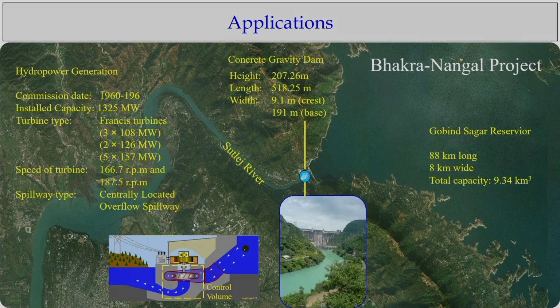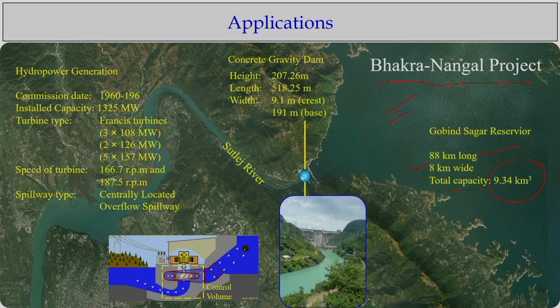Before going to this, you may have heard of one of the largest hydro projects in our country, the Bhakra Nangal project. This project has a reservoir about 88 kilometers long and 8 kilometers wide, with a total water storage capacity of about 9.34 cubic kilometers. So it is a huge amount of water in storage, as you can see in this Google Earth imagery.